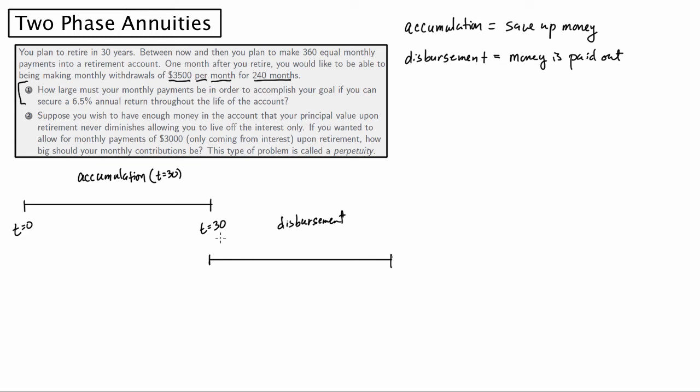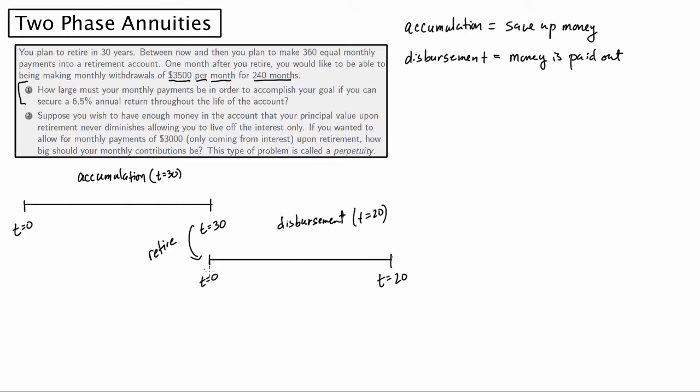So this is when retirement happens, let's say. So retirement happens, and then you want the money to last for a total of 240 months, which would be another 20 years. So this process is a total of 50 years. This is a 50-year process we're describing.